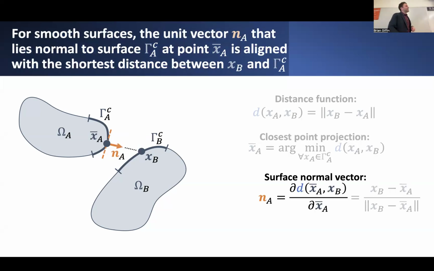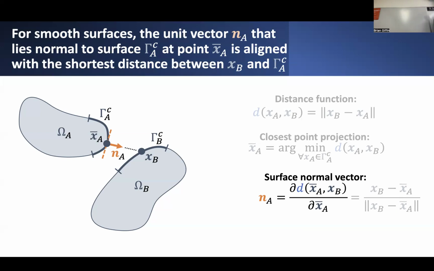Okay. Now it's interesting to note that if I actually go about defining this closest point projection, this X bar sub A, I also note that assuming these two surfaces are relatively smooth, it turns out that I could define what is effectively the derivative of this distance function evaluated at this particular pair of point locations, XB and its closest point projection.